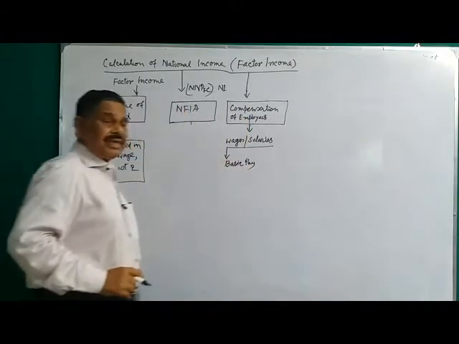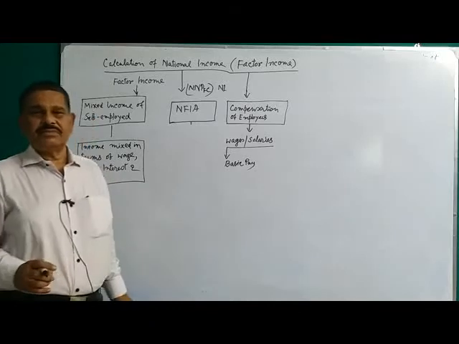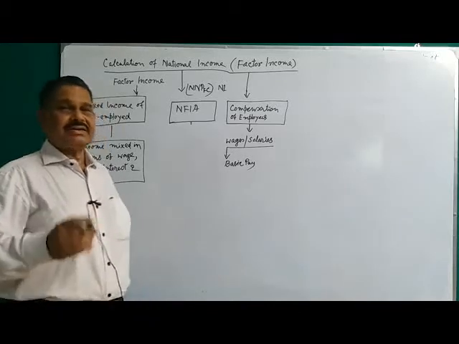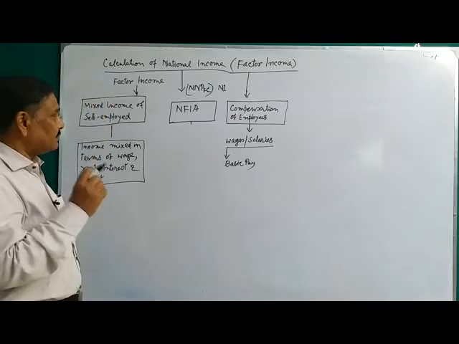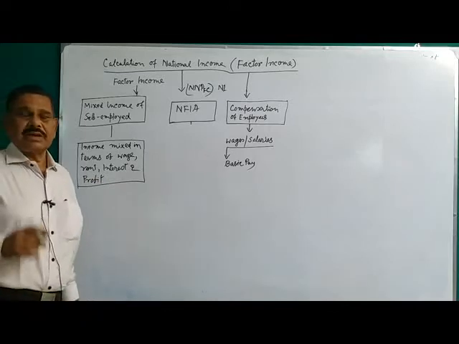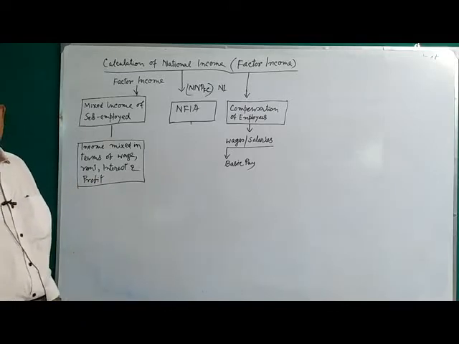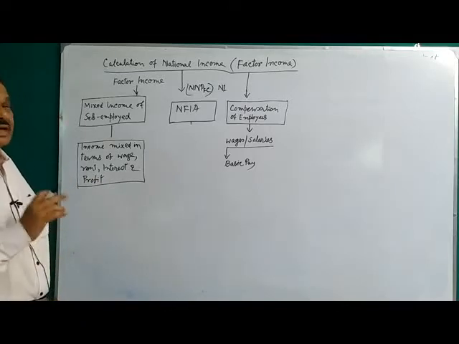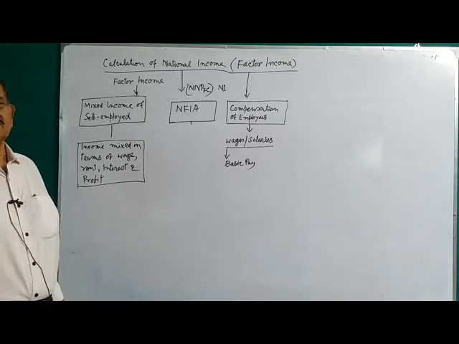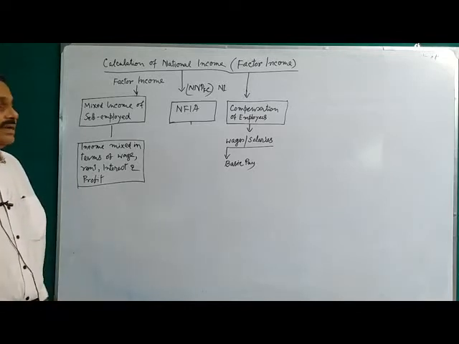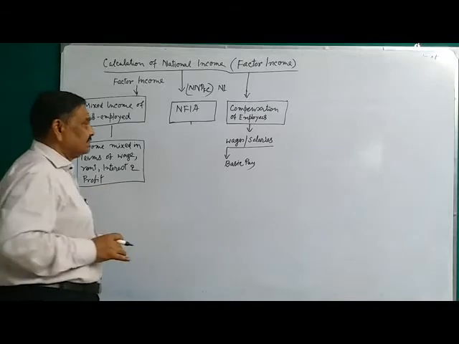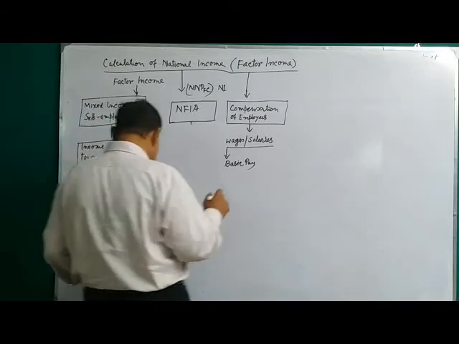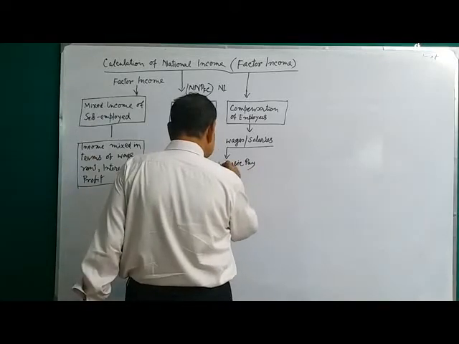Sometimes you will find in the newspaper that an employment notification comes, and there the basic pay is given. Suppose 5,000 to 10,000: 5,000 plus 100 plus 200 plus 300, and then it may be 10,000. That is basic pay. Number one is basic pay.